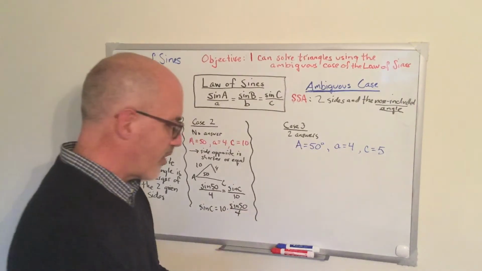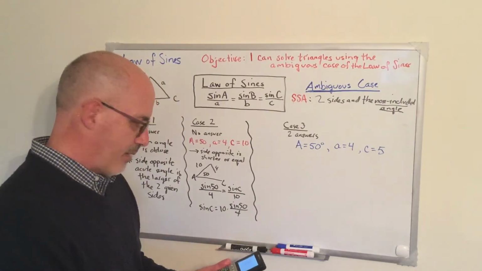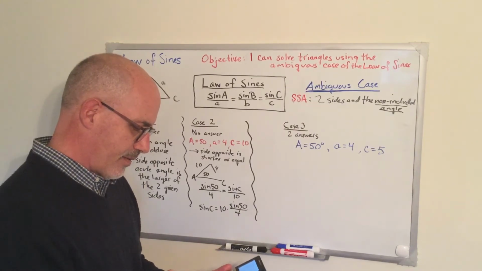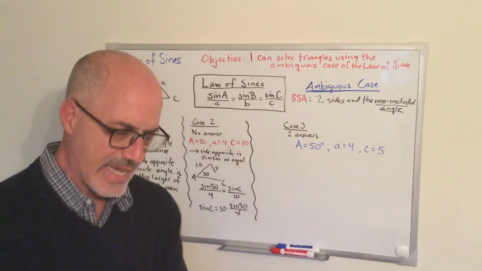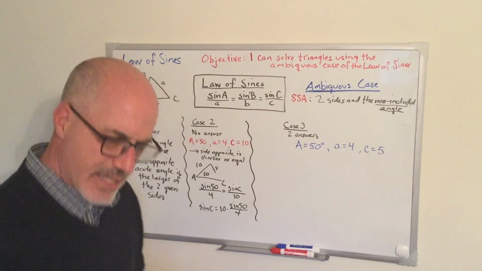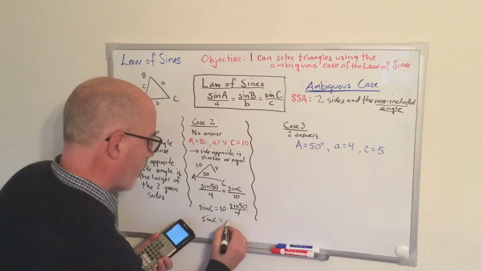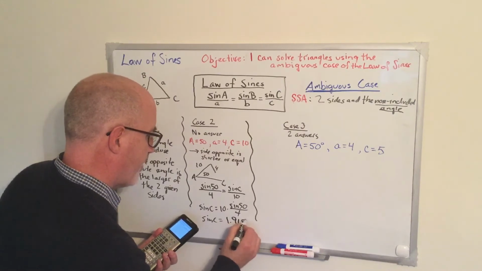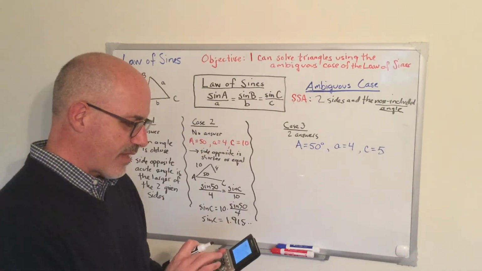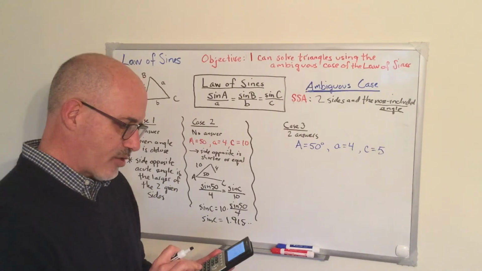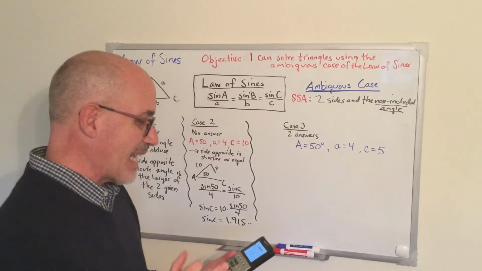Now when we break out our calculator and try that, 10 times sine of 50 divided by 4, what I get for an answer is that sine of C is equal to 1.915, etc. Now, if that number's larger than 1, when we take the inverse sine of that, trying to figure out what the angle C is, what I get is that there's an error.